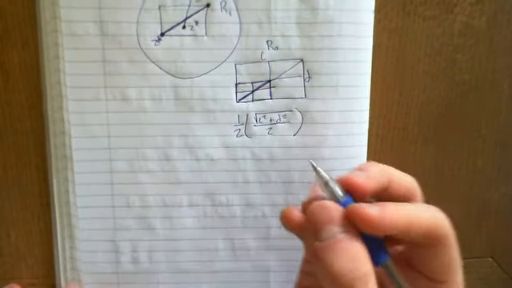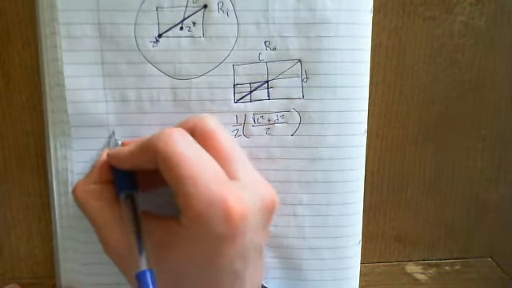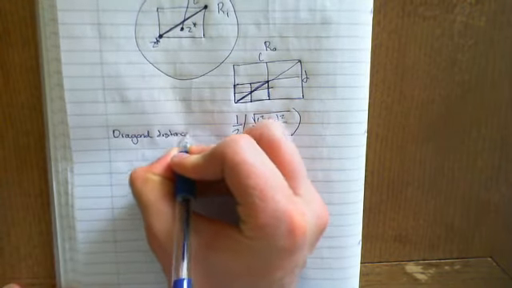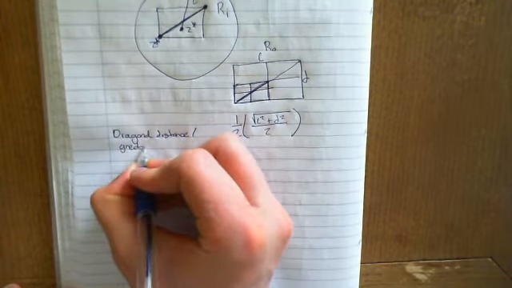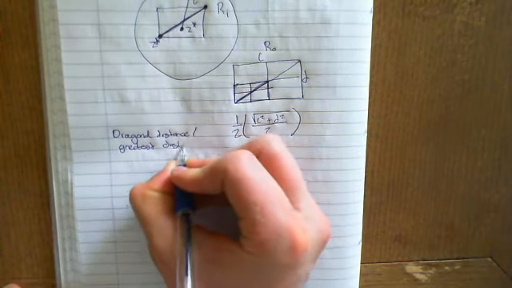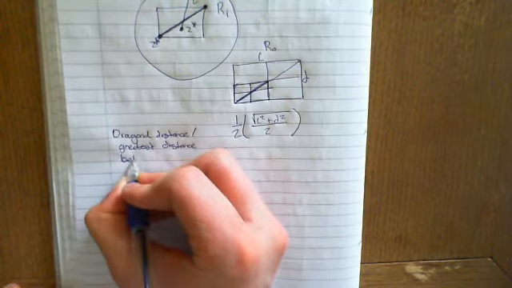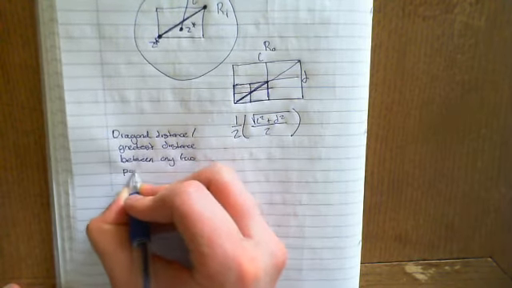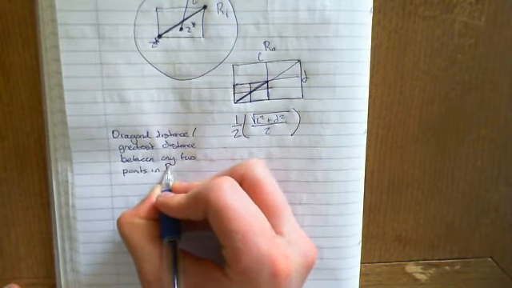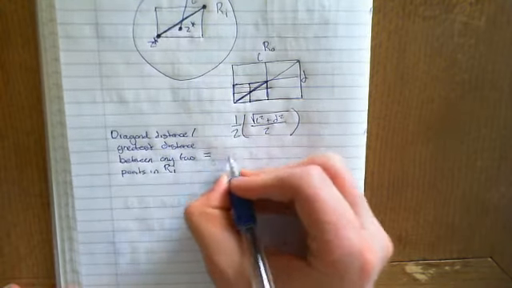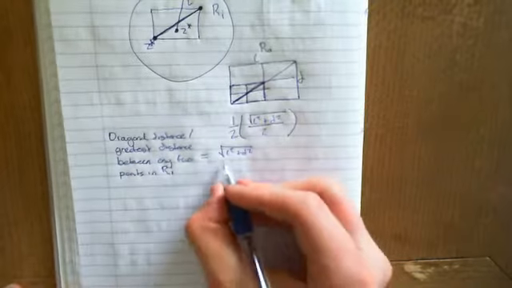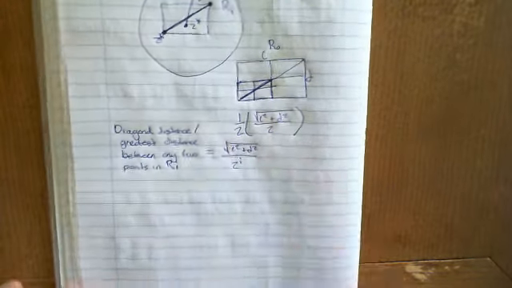So it's plain to see, therefore, that the diagonal distance, the greatest distance between any two points in Ri, is equal to the square root of L squared plus D squared, the diagonal distance of our original rectangle R0, divided by 2 to the i.